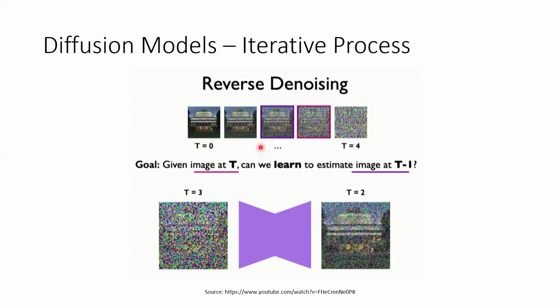So we generate 5 noised images, and we train our neural network to take the image at time t and predict the t minus 1 image from this dataset, right? In this way, diffusion models work highly successfully relative to variational autoencoders and generative adversarial networks.